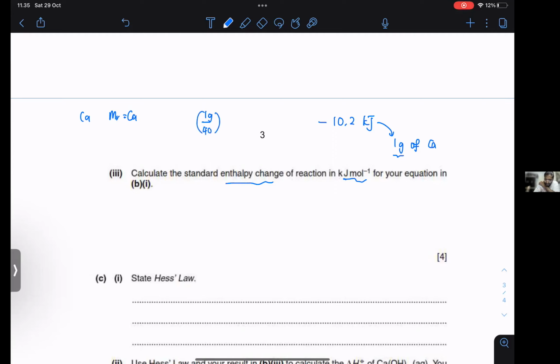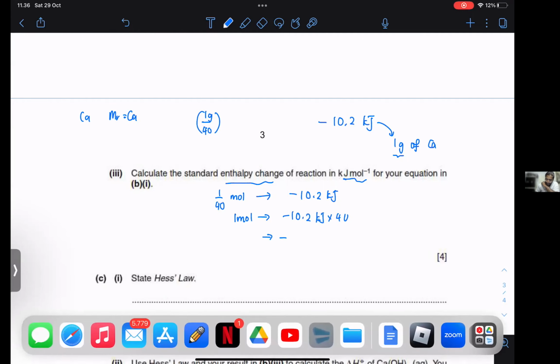This number of moles, 1 over 40 mole, gives you negative 10.2 kilojoule. I want for 1 mole, so you times negative 10.2 kilojoule by 40, and you will get negative 1 point something. That is your value.